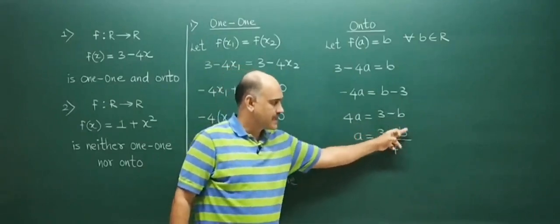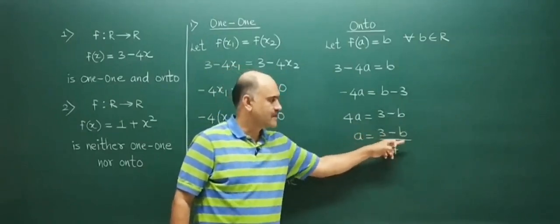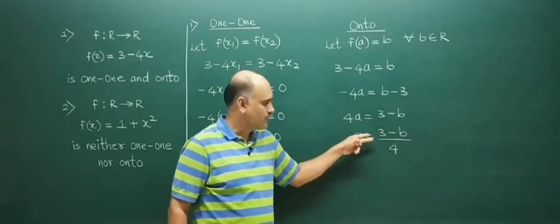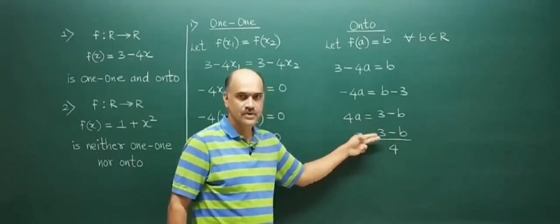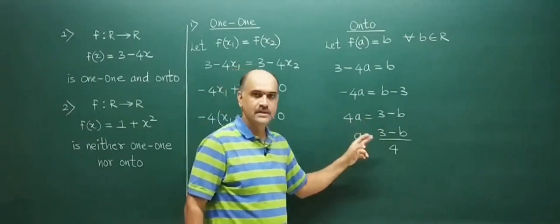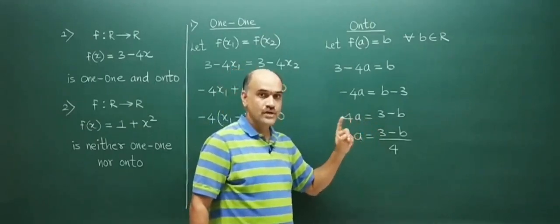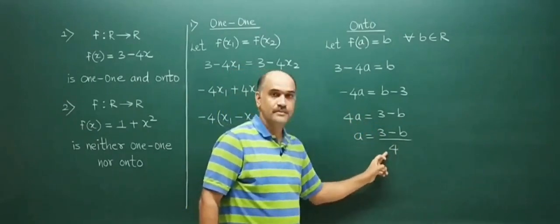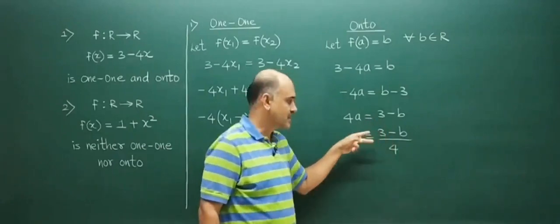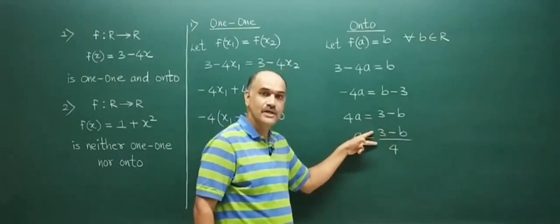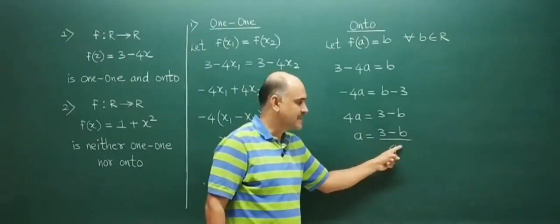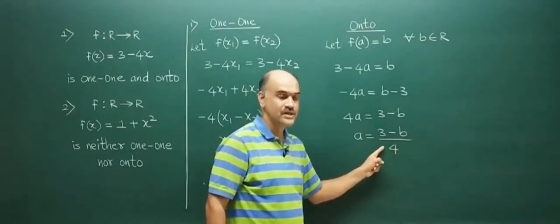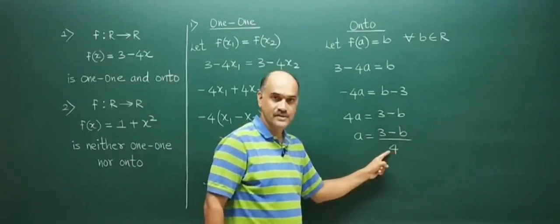Now is a a real number? From this you are required to recognize. If you observe here, it is in the form of p by q, a rational number. p by q will not be a real number if the denominator is 0. But here the denominator is 4, so it will not be equal to 0.